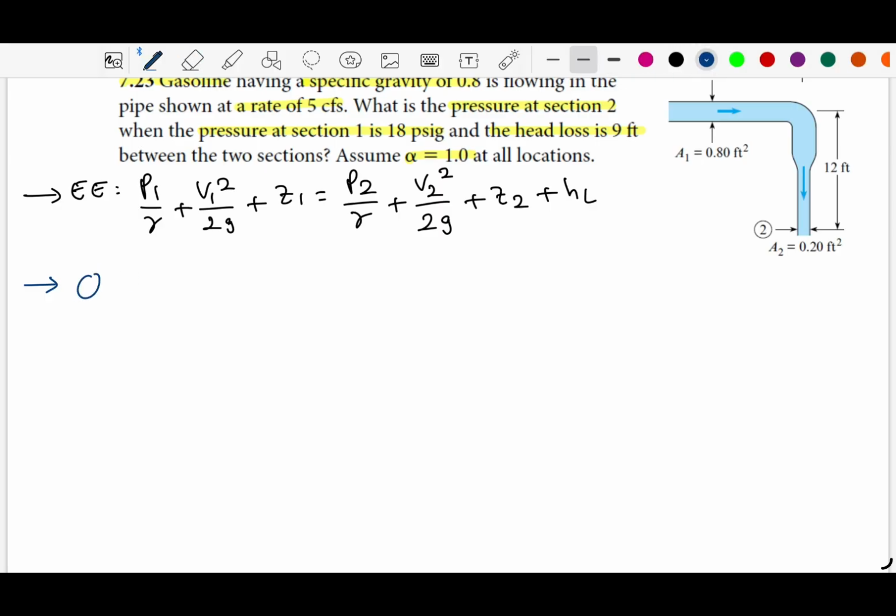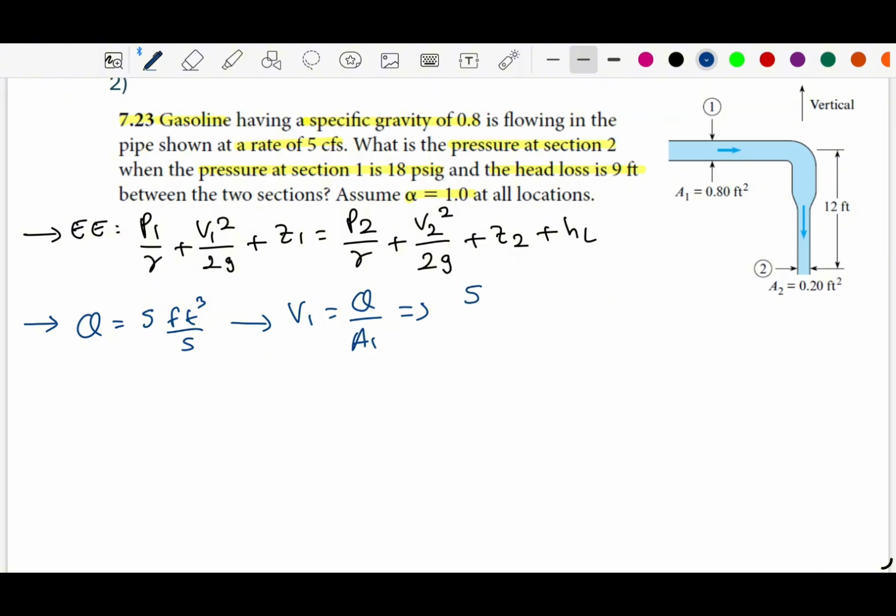So the flow rate is 5 cubic feet per second. Using the continuity equation, we can get the velocity at point 1. So we have 5 cubic feet per second, and the area is given as 0.8 square feet. This makes 6.25 feet per second at point 1.